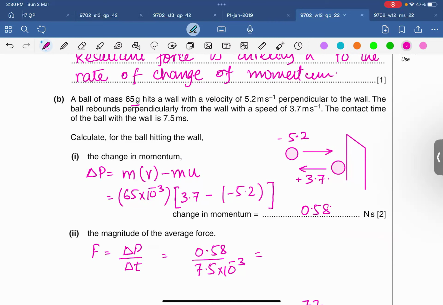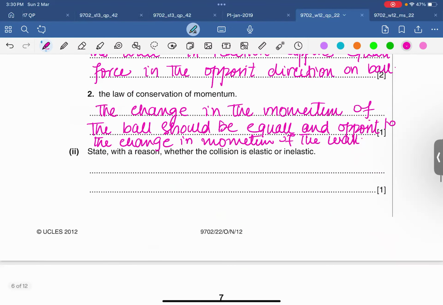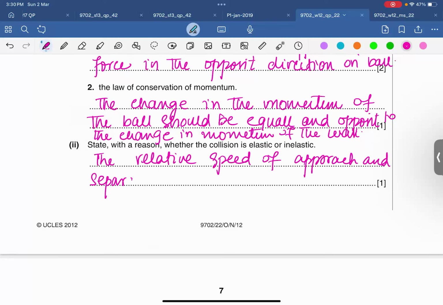So you're saying the relative speed of approach and separation is different. Am I clear? It is different, so not conserved.